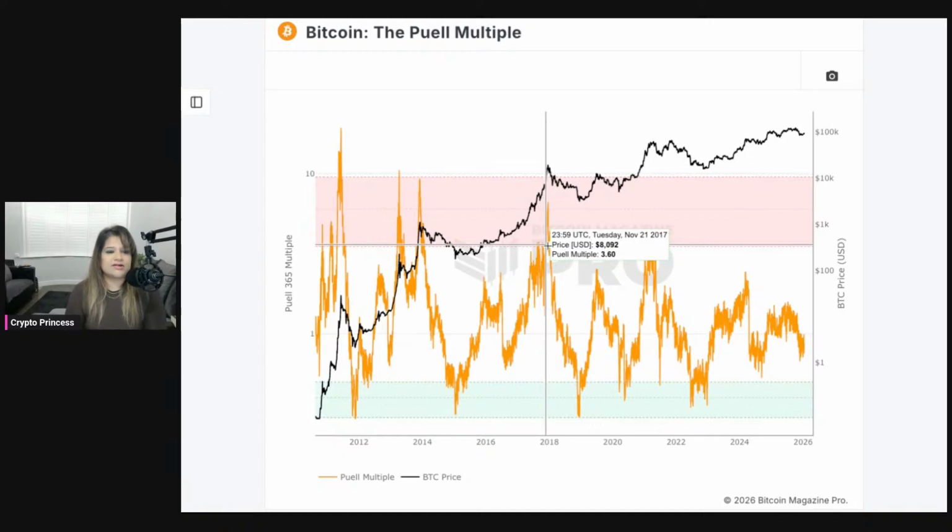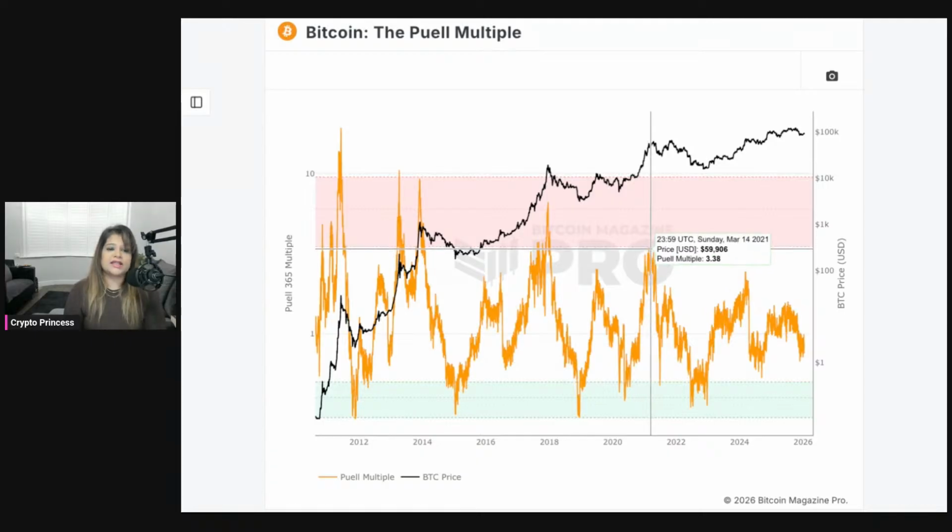We see it here in December 2017, I do apologize. When was the all-time high in 2017? Bitcoin's second bull run, it was in December. So it does show that at this time they were making unusually high profits, so they were selling into the actual bull run.